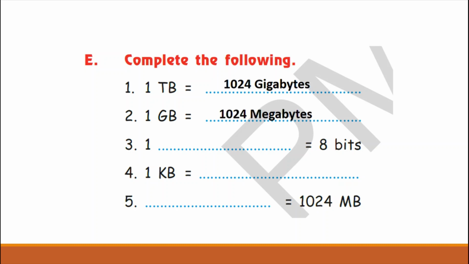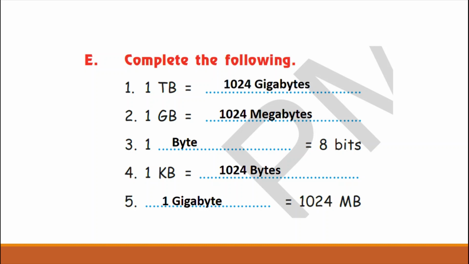Number 3. 1 byte is equal to 8 bits. Number 4. 1 KB equals to 1024 bytes. And number 5. 1 gigabyte is equal to 1024 MB.